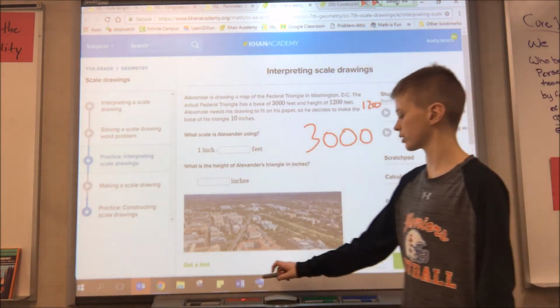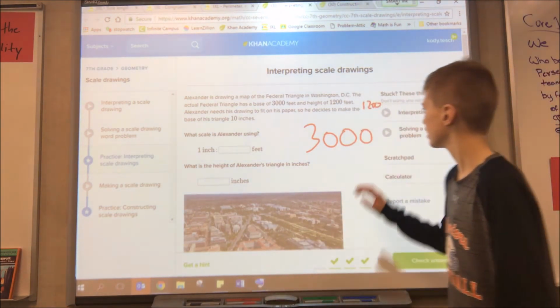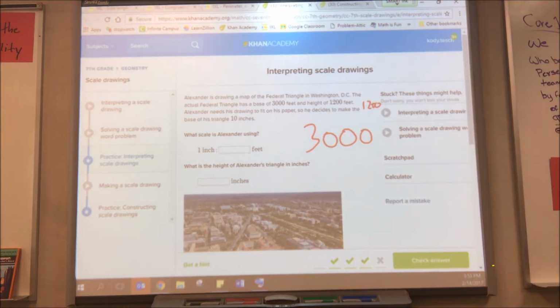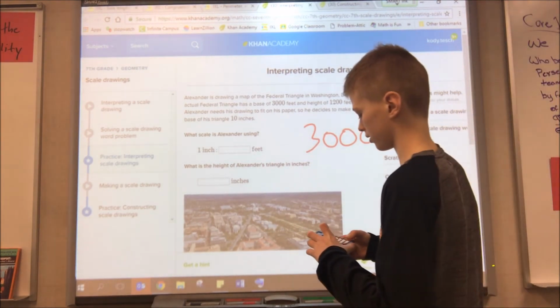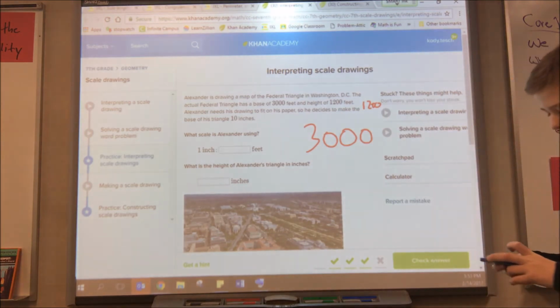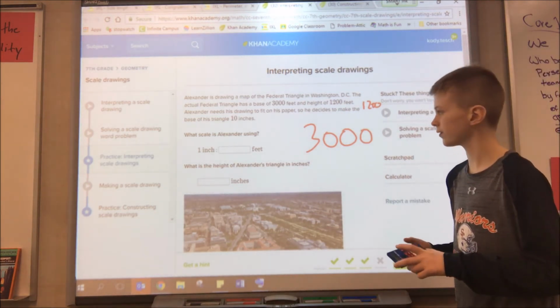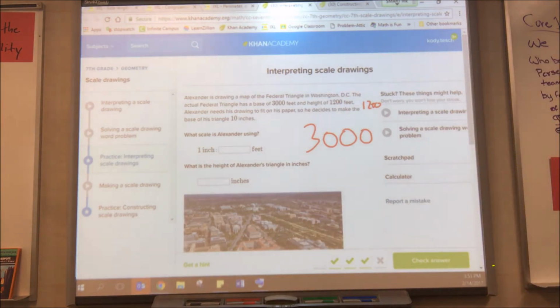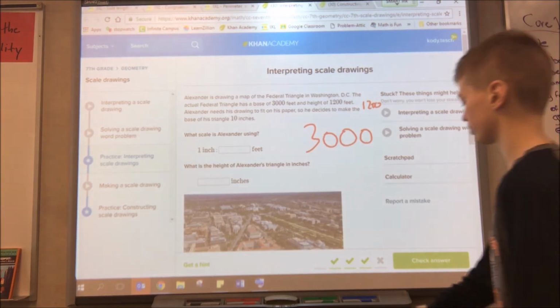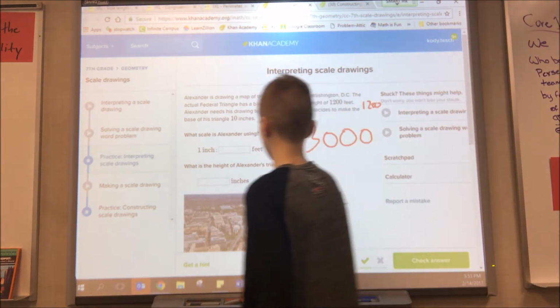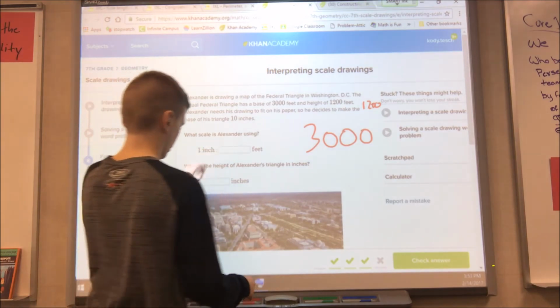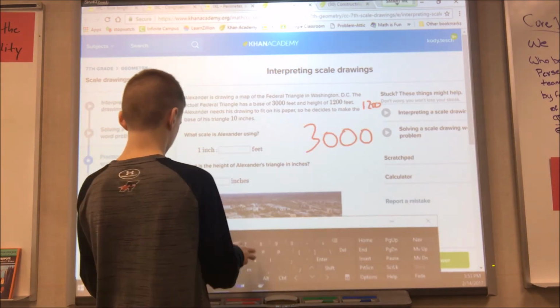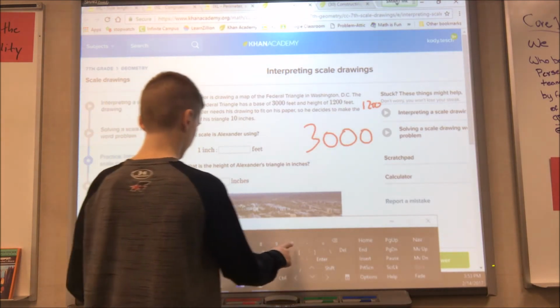So by a ratio, if we took 3,000 divided by 10, we get the ratio of inches to feet. So if you take 3,000 divided by 10, you get 300.